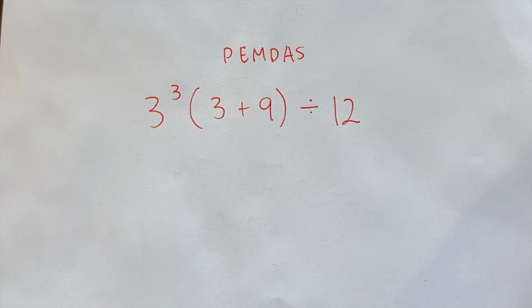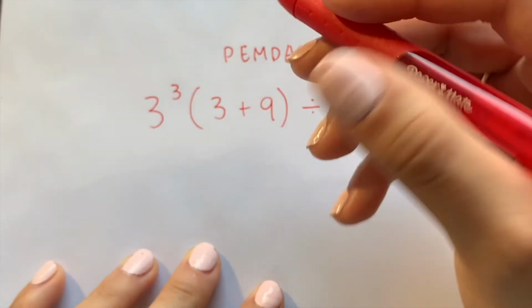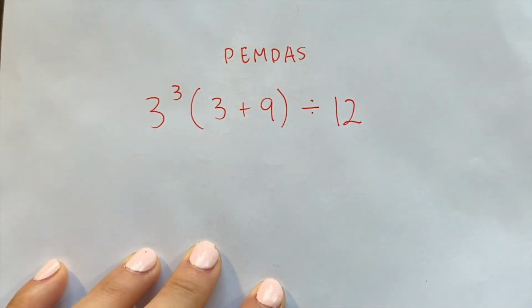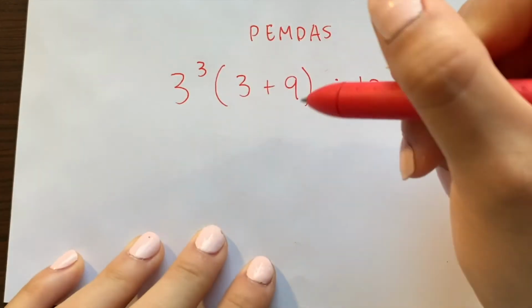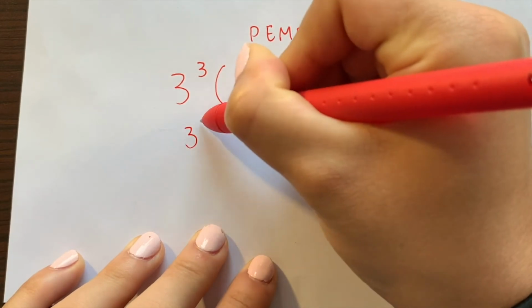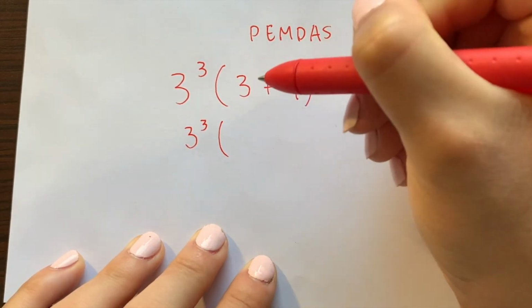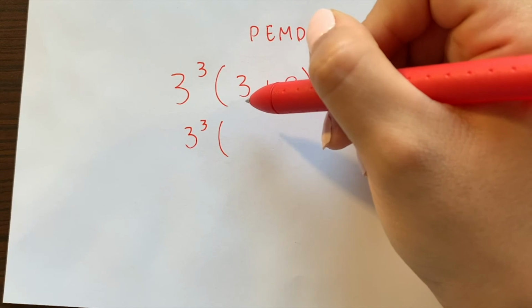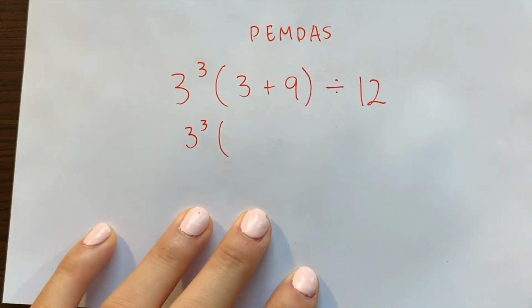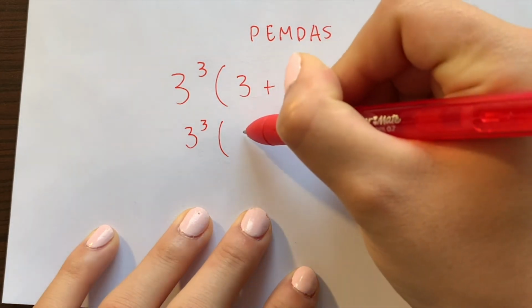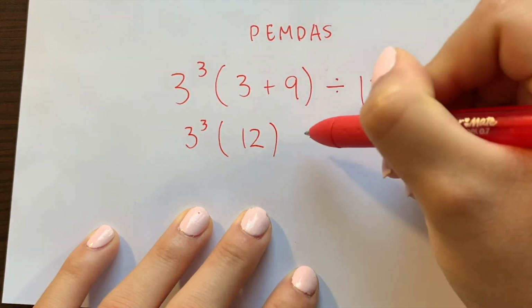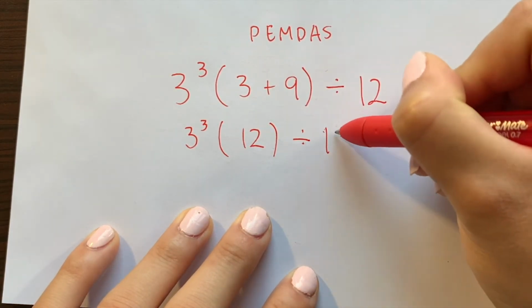Do we have parentheses? Yes, we do. So we're going to go ahead and solve whatever is in our parentheses here. 3 cubed and 9 plus 3 gives us 12 divided by 12.